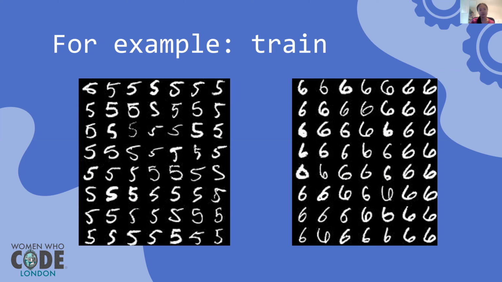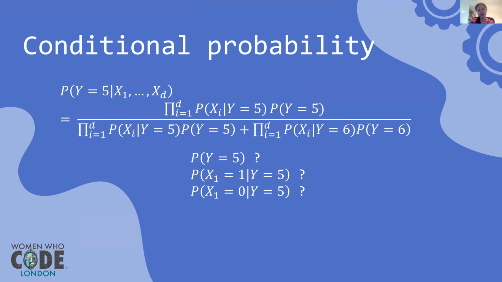What do I need to calculate? This equation. But what are they? What is the probability of this image being 5? What is the probability of x1, the first pixel, being 1? Or what's the probability of the first pixel being 0?